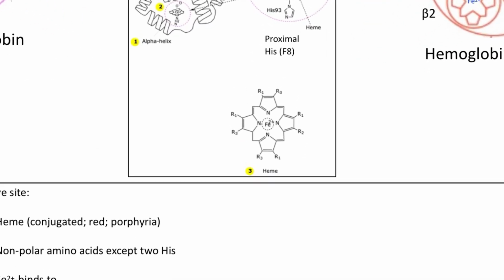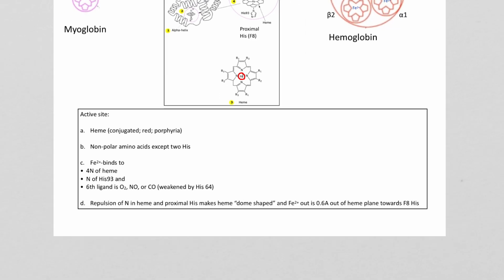The iron atom is not in the same place as the plane of the heme.